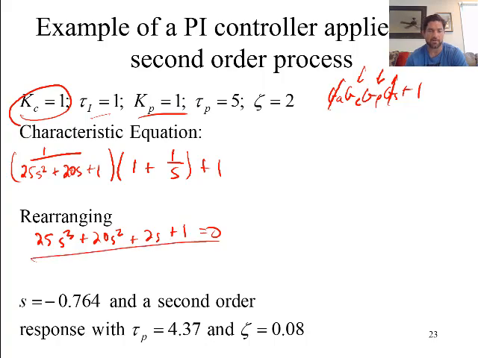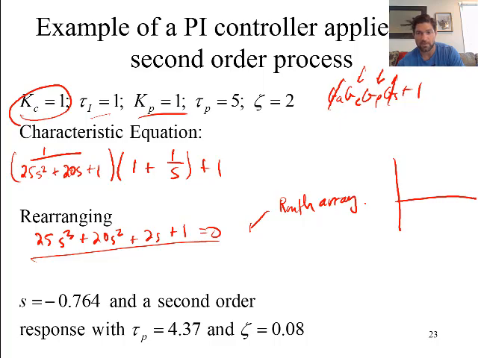Okay, so here's standard form. What we can see is we can use the Routh array criteria to determine stability if we want. But again, we know that a third order polynomial always has at least one real root.